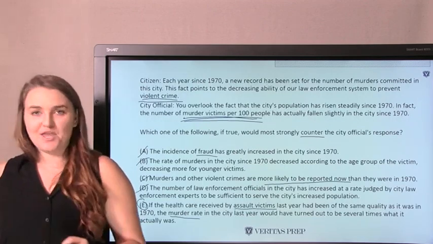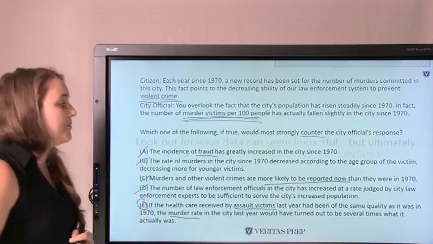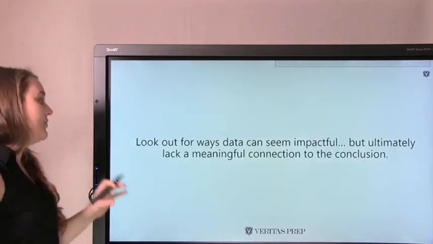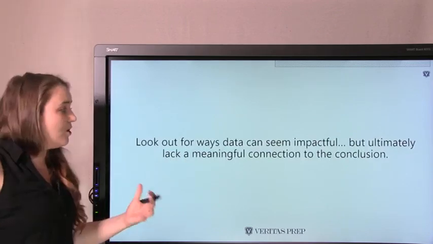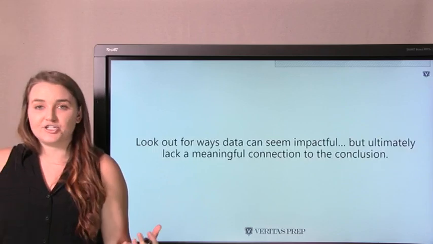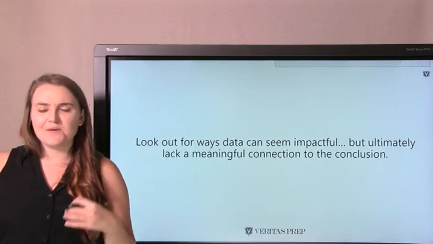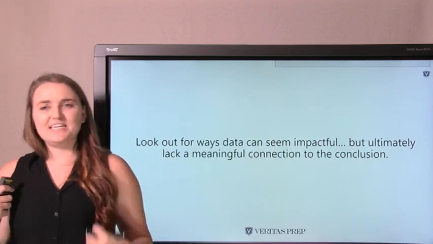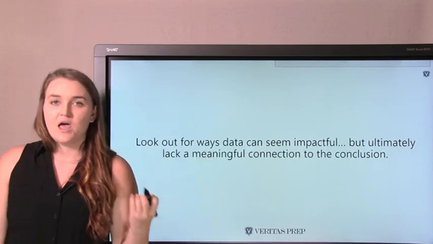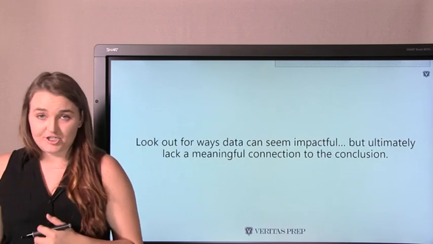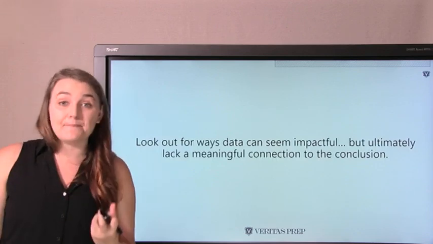Awesome. Okay, so with that in mind, pulling things together to the bigger picture takeaway, we want to look out for ways that data can seem impactful, but ultimately lack a meaningful connection to the conclusion, right? In many of these cases, we had some potentially punchy, seemingly powerful statistics, but they either lacked a connection to the argument at hand or they addressed the connection in the opposite way.